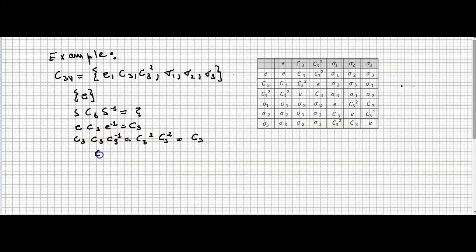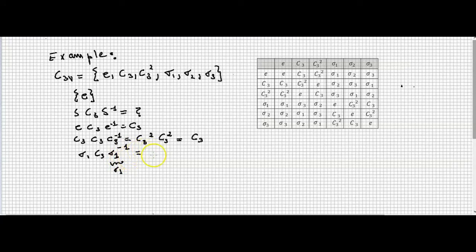Now if I take C3 sigma 1 minus 1, sigma 1 minus 1, this is sigma 1, because sigma 1 multiplied by sigma 1 is equal to the identity, because when you make 2 times a reflection, then you get the neutral element.